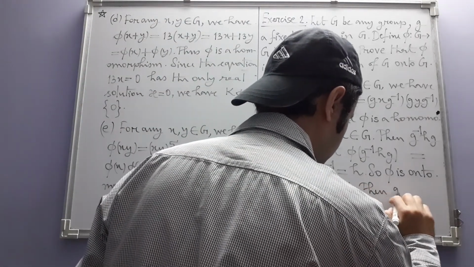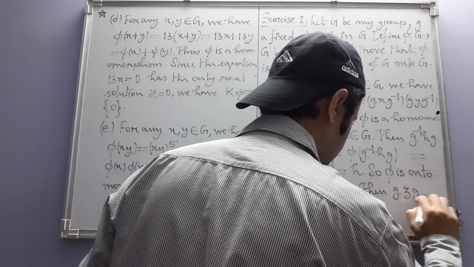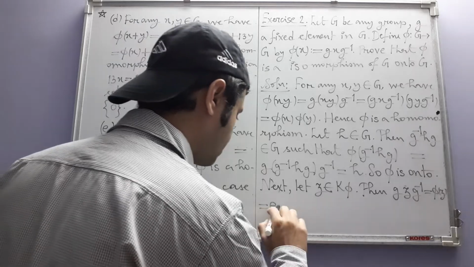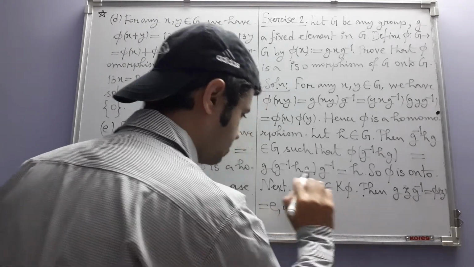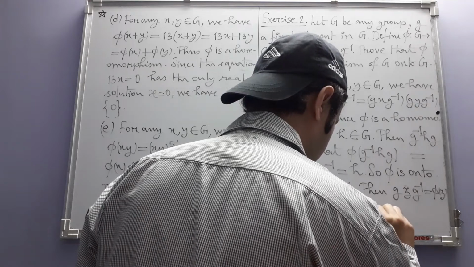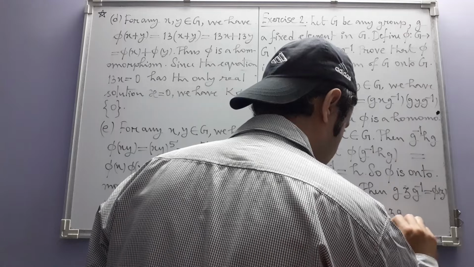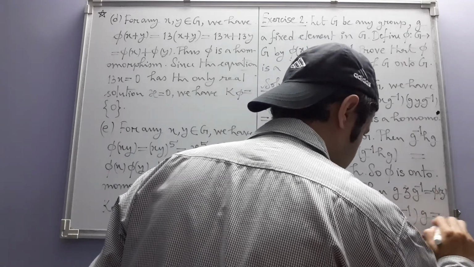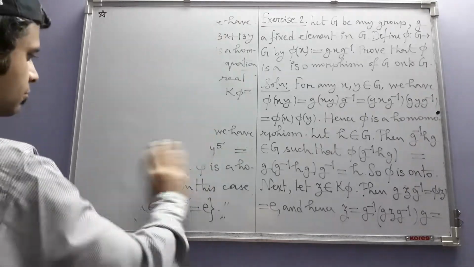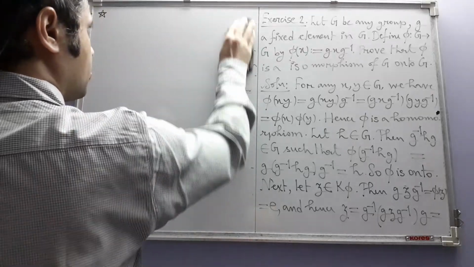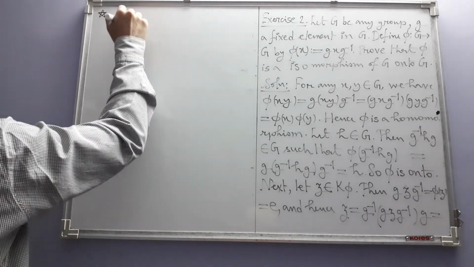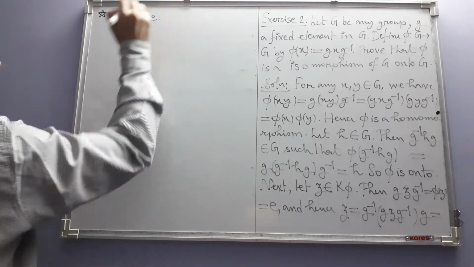Then g z g inverse, which is phi of z, is equal to e, and hence z, which can be written as g inverse g z g inverse g, also becomes equal to g inverse e g, which is equal to e.